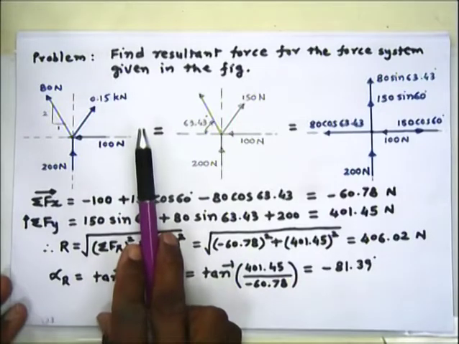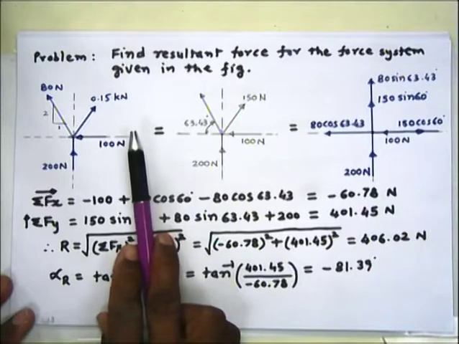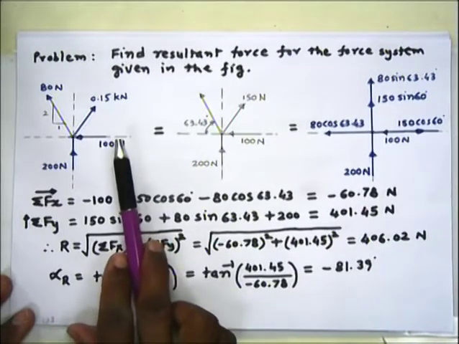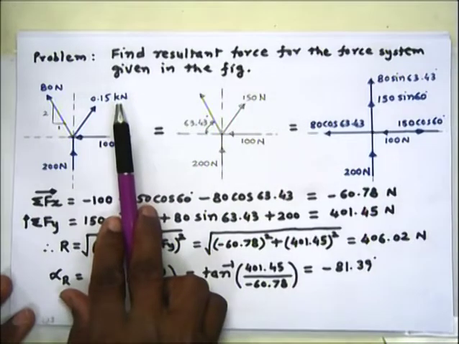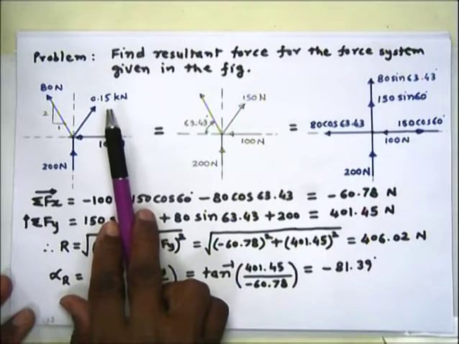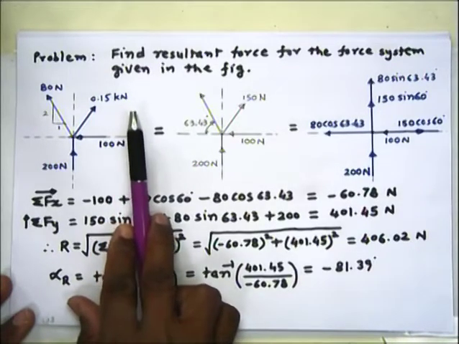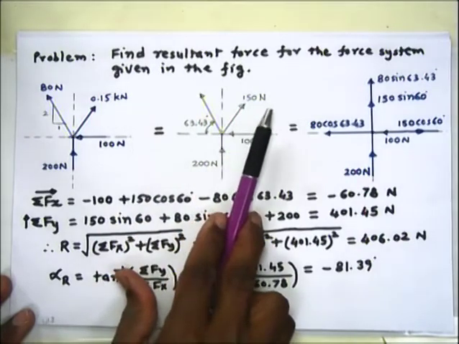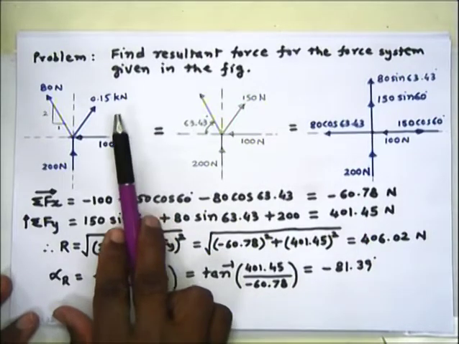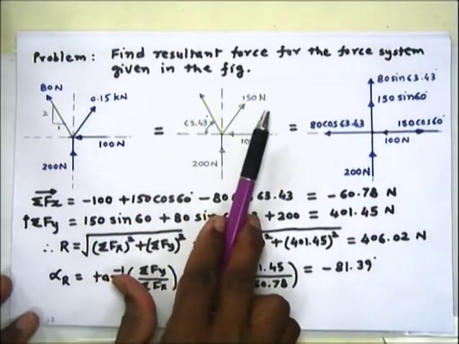So first of all, you need to convert the forces into the same unit. It is convenient to convert this kilonewton into Newton, because the rest are in Newton. So in place of 0.15 kilonewton we write 150 Newton, because 1 kilonewton is equal to 1000 Newton.